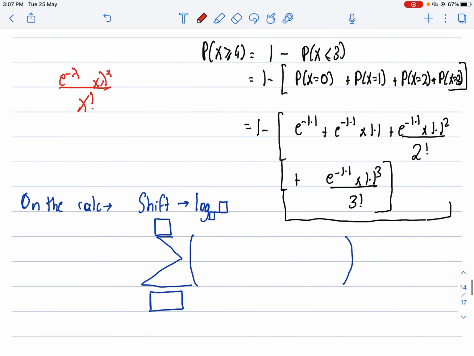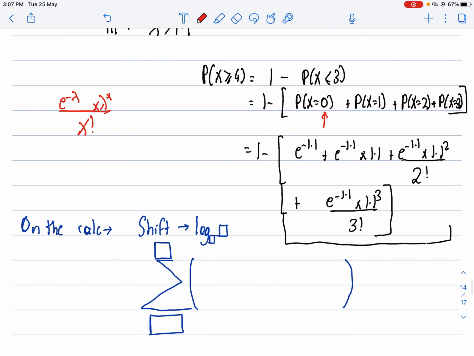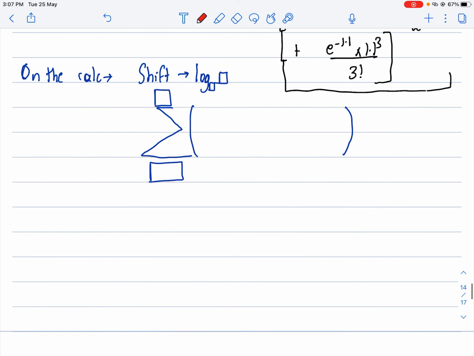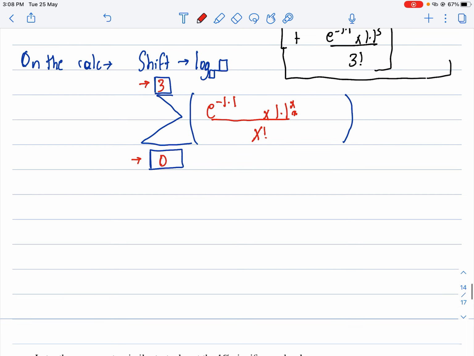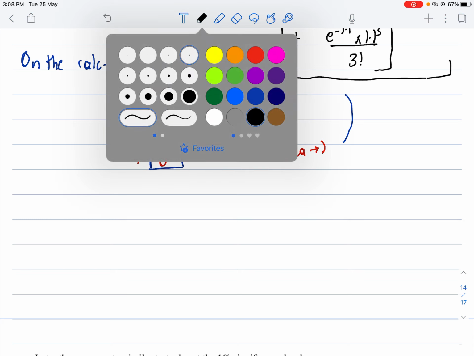You're calculating the summation from 0 to 3, so write 0 here, write 3 here. Now you can write this as e raised to minus 1.1 into 1.1 raised to x over x factorial. X will take all the values from 0 to 3 inclusive. To write an x, you can simply click on alpha and the closing bracket sign.